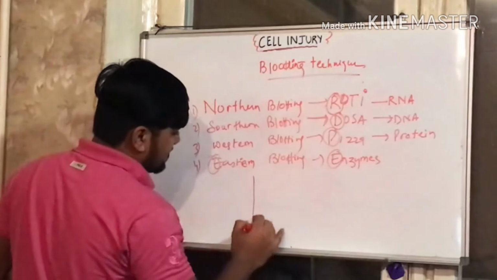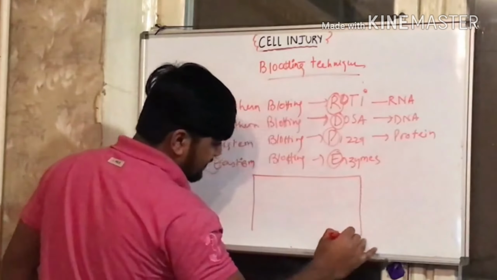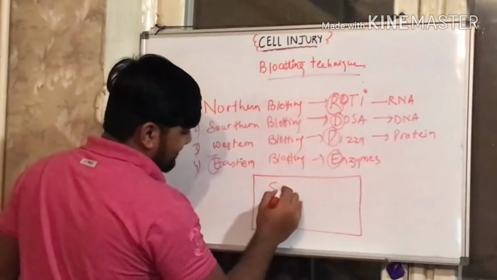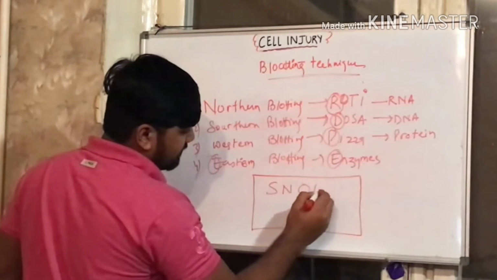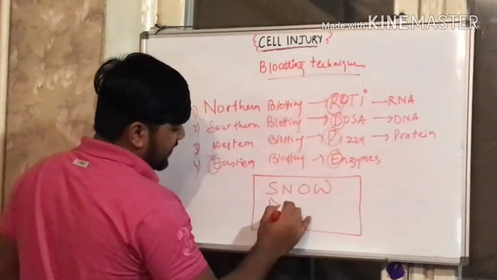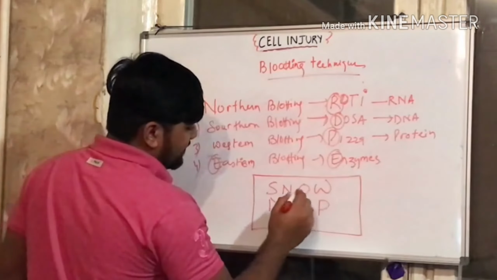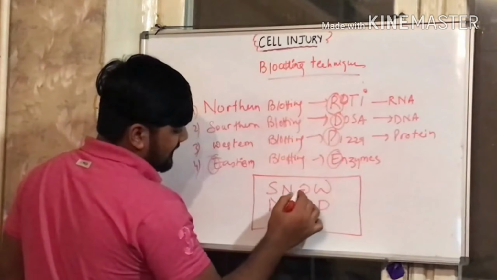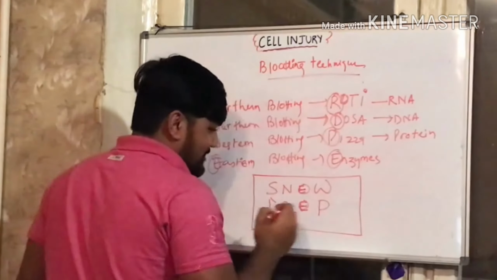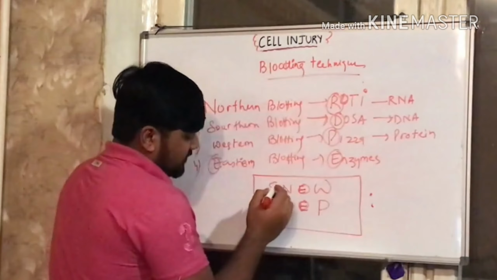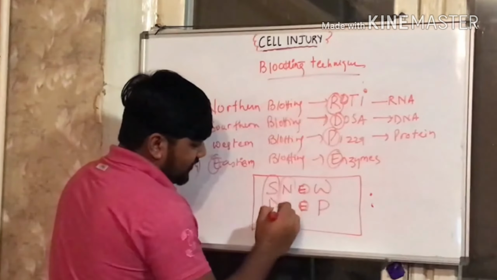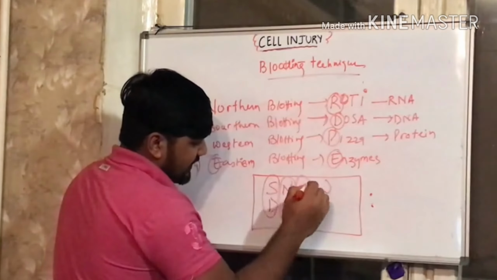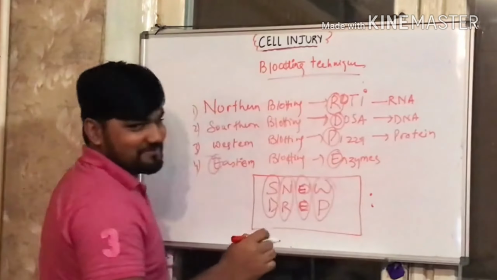Now there is yet another simplified mnemonic. S-N-O-W. Snow. D-R-O-P. Instead of O, you can write it as E. So here, southern blotting DNA, northern blotting RNA, eastern blotting enzymes, western blotting proteins.